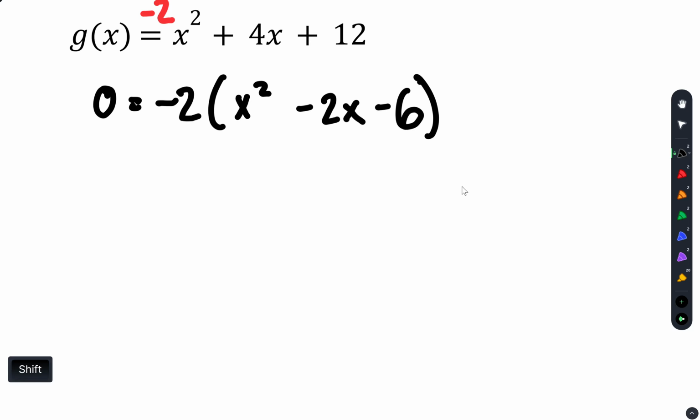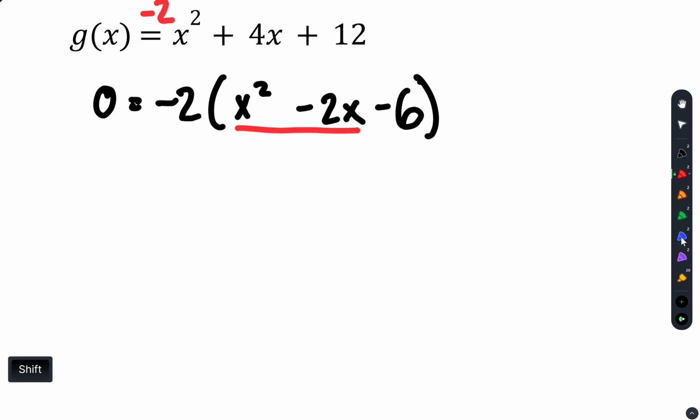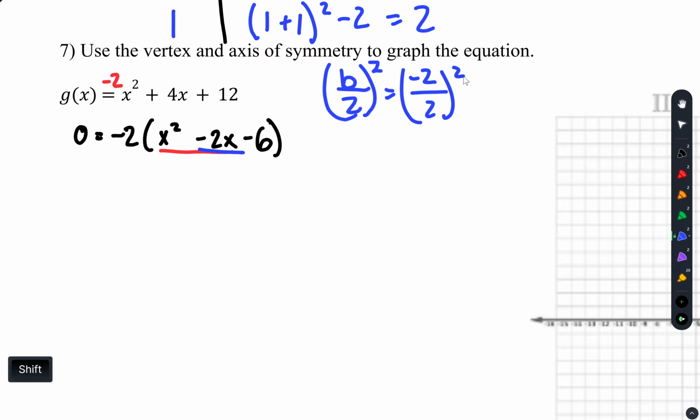I'm still trying to complete the square. My square is just now inside these parentheses. This is what I'm trying to complete. So I still use my same formula. I take that b value. B over 2 squared is -2 over 2 squared. -1 squared is 1.